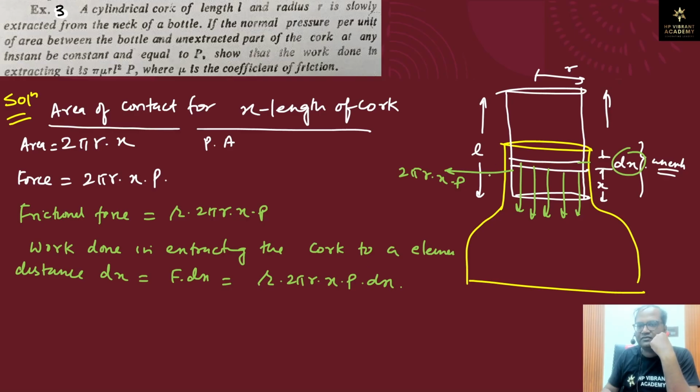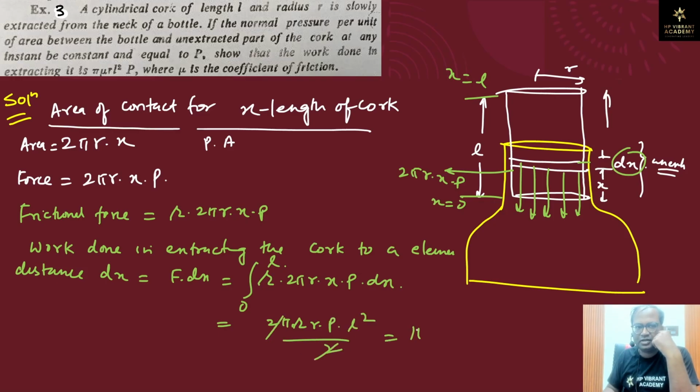And we have to extract the whole cork, so the limit will be x is equal to 0 to x is equal to L. So let us integrate this. So we have 2 pi mu r into p into L square upon 2, this 2 gets cancelled. So this is equal to pi mu r L square into p, which is the work done.